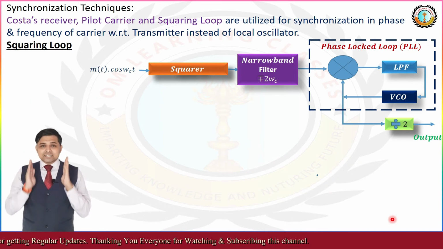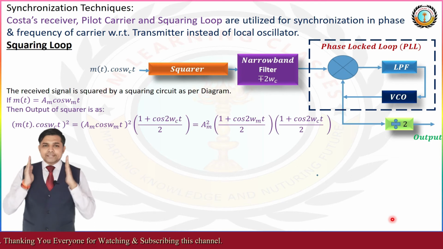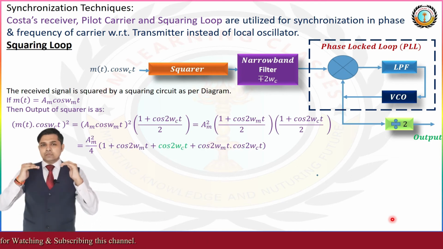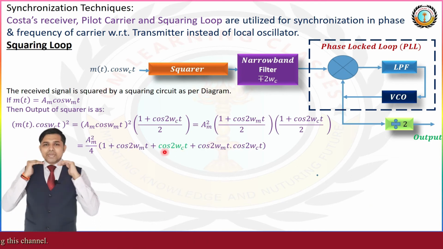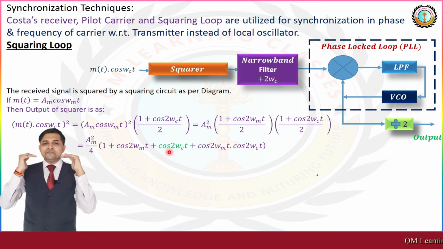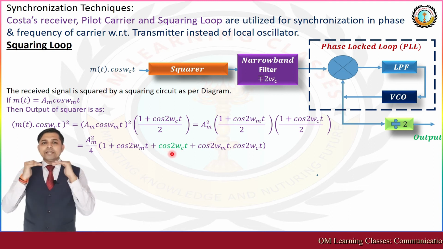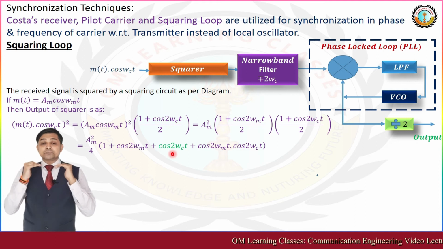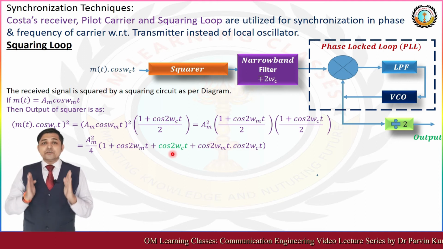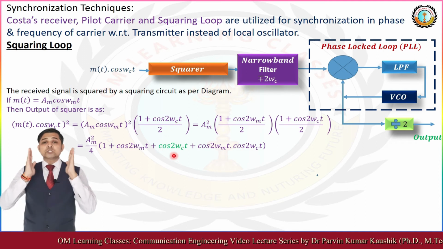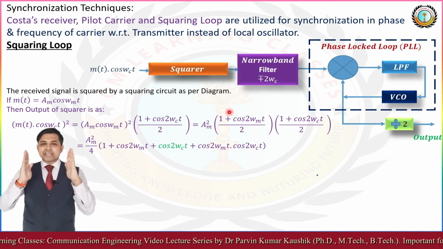Now the term cos 2 omega c t may be obtained by using a narrow band filter which is centered on plus or minus 2 omega c, which is twice our carrier frequency.